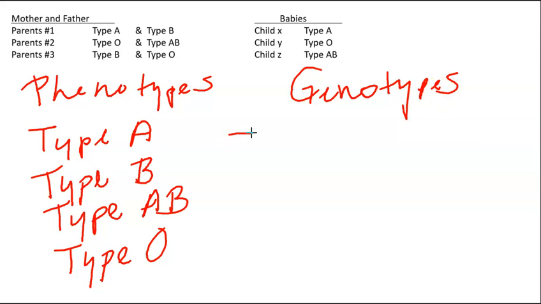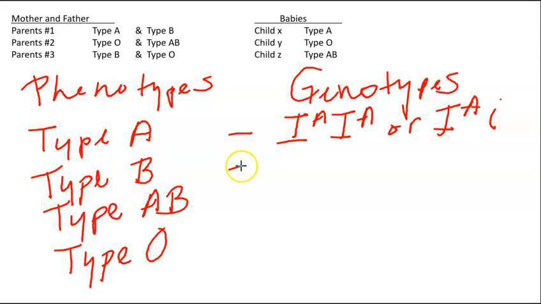For type A, we can use capital letter A, and we can have capital letter I with the superscript A, and we have two, so we're going to do homozygous dominant IA, or type A can be a carrier of the recessive type O allele, and that would be IA and then little i. Okay, so those are the two possible genotypes for type A blood.